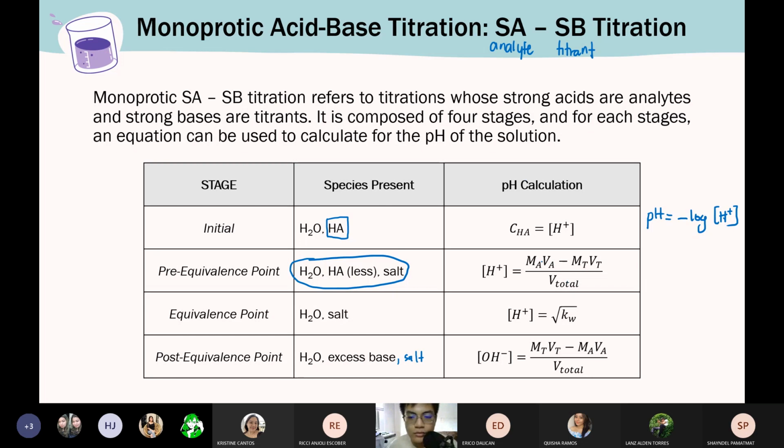So, what do we get when we multiply molarity and volume? Ano yung nasosolve natin when we multiply molarity and volume?